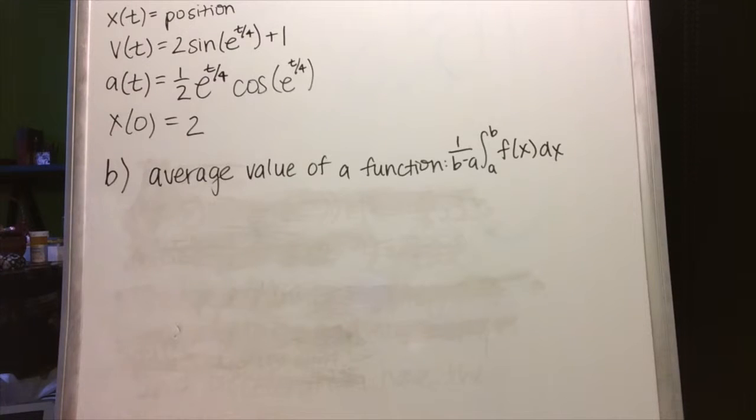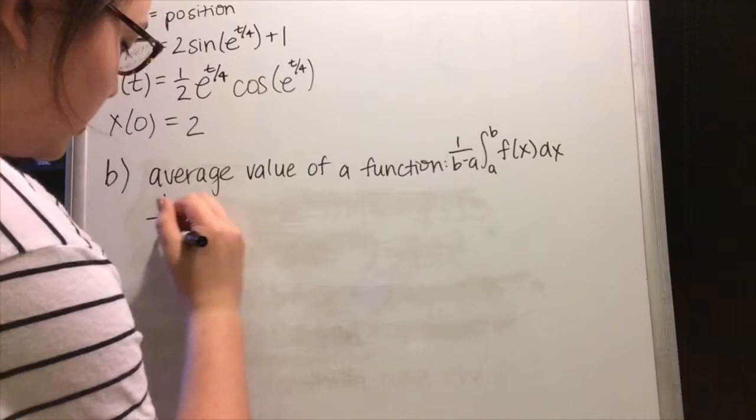So the next part is part B, which asks, find the average velocity of the particle for the time period 0 is less than or equal to t, which is less than or equal to 6. So this is just finding the average value of a function, and your formula is 1 over b minus a times the integral from a to b of f of x dx. And we're finding this velocity on the interval 0 to 6.